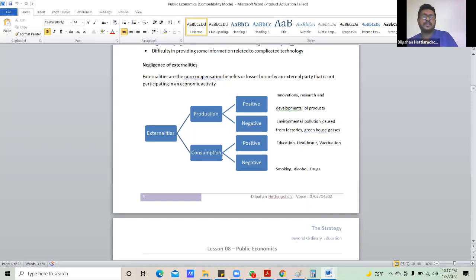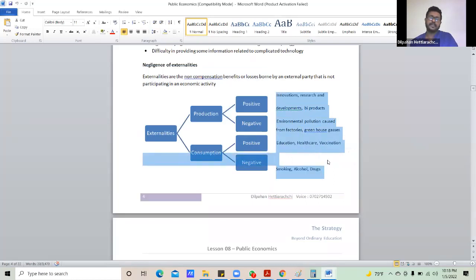So the classification of externality goes like this. Externality is divided into two: production and consumption. Under production externalities, we have positive and negative. Consumption, once again, positive and negative. I have mentioned some examples also, right? So just go through this table a little bit.